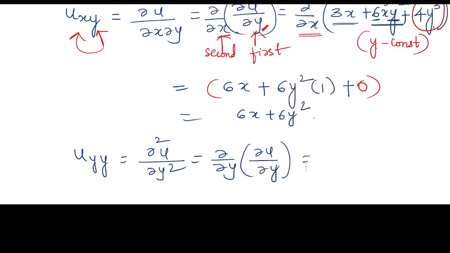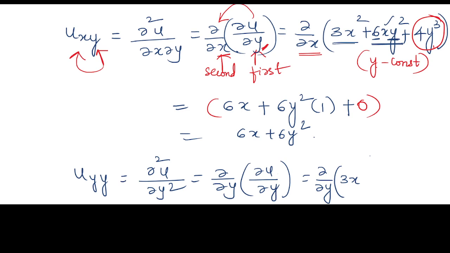Now we are going to differentiate with respect to y again. So ∂/∂y of ∂u/∂y, which is 3x² plus 6xy² plus 4y³. Here we already have the value of ∂u/∂y, and we are taking it from this.